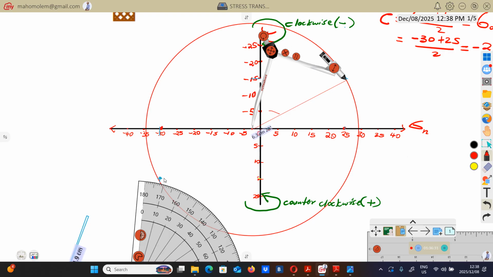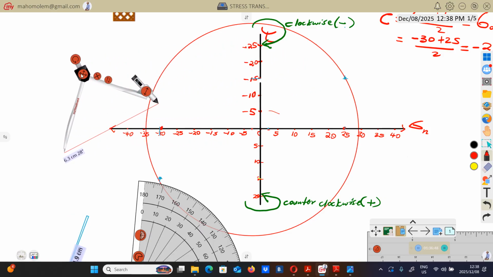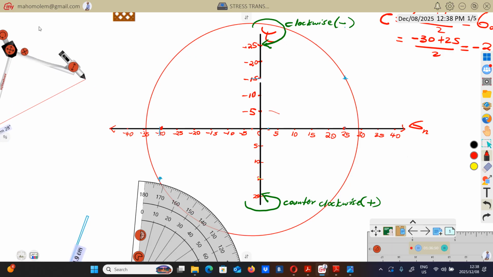But it's fine since it's a graphical method. You are going to use tolerance. But it was supposed to pass on this dot. Even here, it was supposed to pass on that dot. But it's fine. Let's continue. After this, we're going to have the problem with the shear stress. Then I have to increase this side of the shear stress.